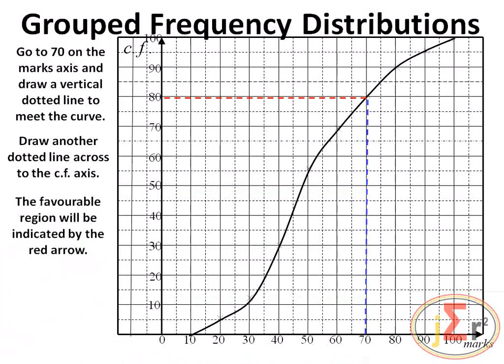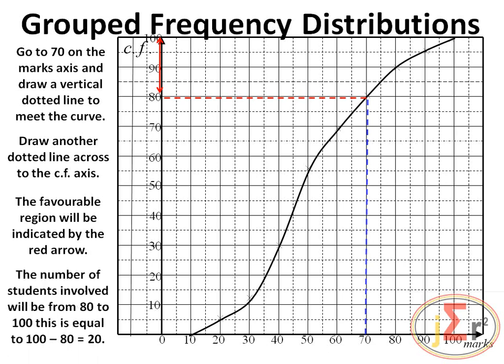The favorable region will be indicated by the red arrow. Notice that the favorable region is from 80 to 100 because we required those who get more than 70 marks. So when we get to the cumulative frequency axis, we are going to deal with the region that is above the marker.